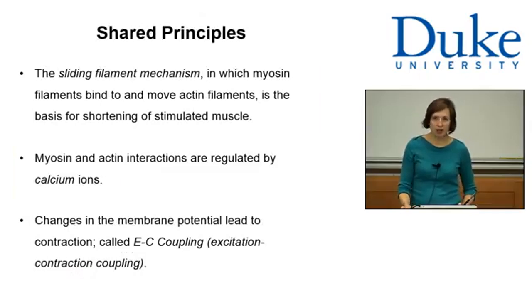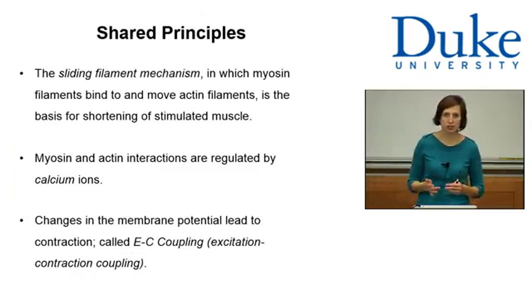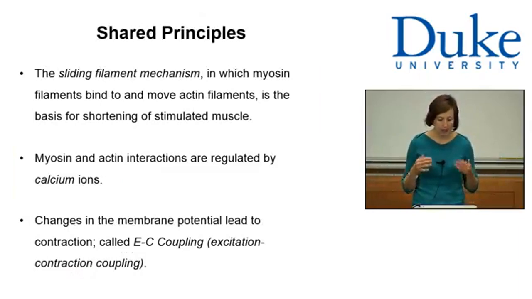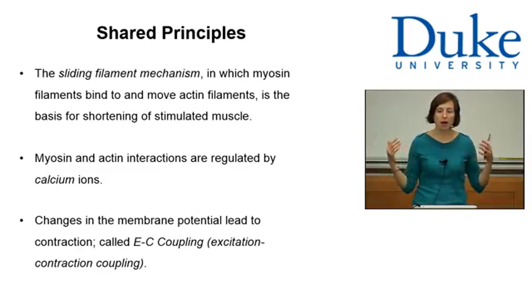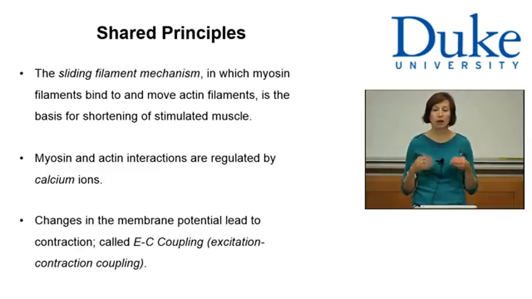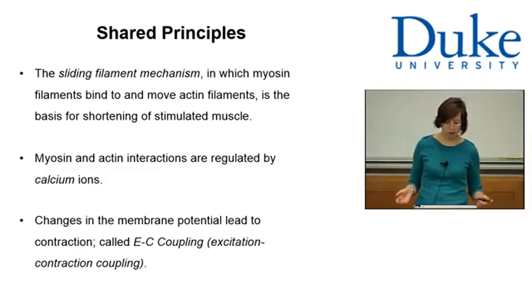So let's briefly talk about some of these shared principles between the three muscle types, where in all three cases we're going to have myosin filaments, which are a type of motor protein that are going to bind to and move actin filaments to shorten the muscle cell. And so this is how we get contraction. The difference will be in how organized that network of myosin and actin will be, in whether or not you see striations in the cells, as you do in cardiac and skeletal muscle, versus not being able to see striations in smooth muscle.